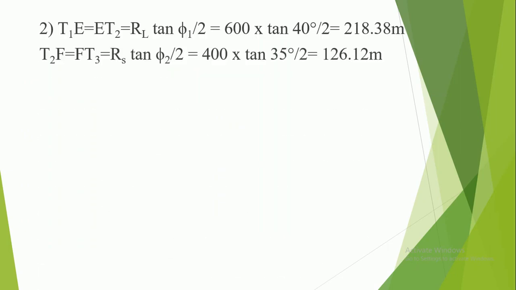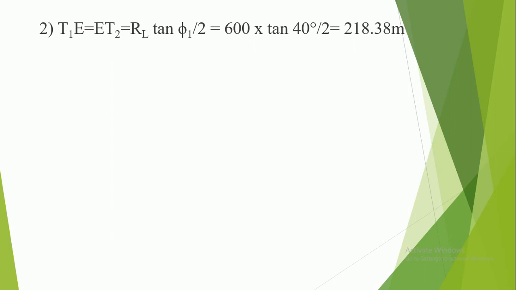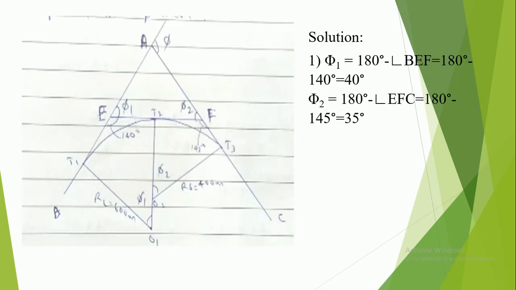The next step is to calculate the tangent length, that is T1E, which is equal to ET2, and FT2 will be equal to FT3. By using the formula R tan phi by 2, I am going to calculate first the ET1, that is the tangent length for the longer curve, and the tangent length for the shorter curve.